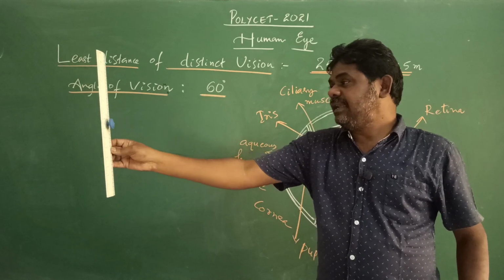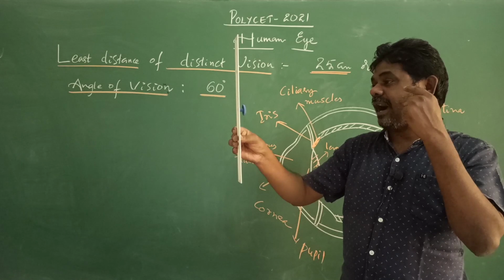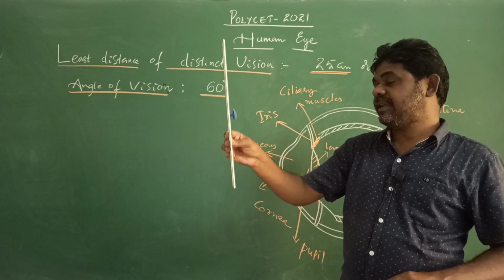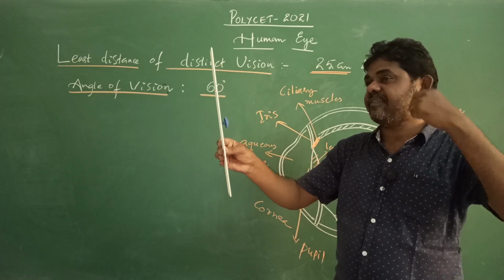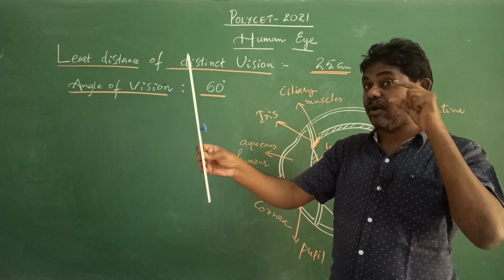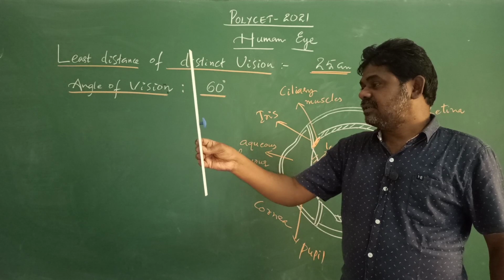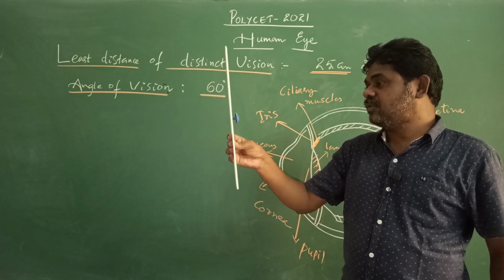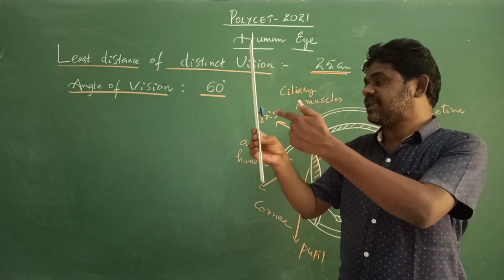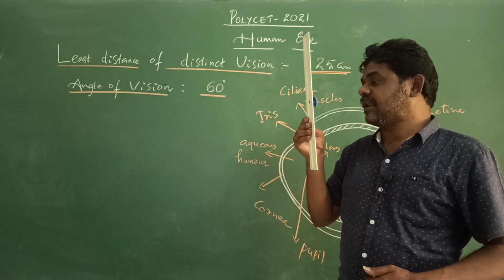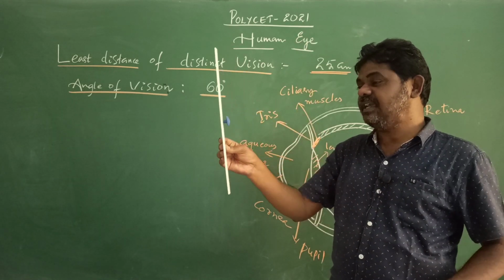If you bring this scale close to your eye, gradually your eye is going to be strained, because some ciliary muscles and some part of your eye have to work to accommodate the focal length. Is it right? If you move the scale close to your eye, at one point you can see it clearly, but at one point you cannot see the scale clearly. So you are going to have a blurred vision of the scale.